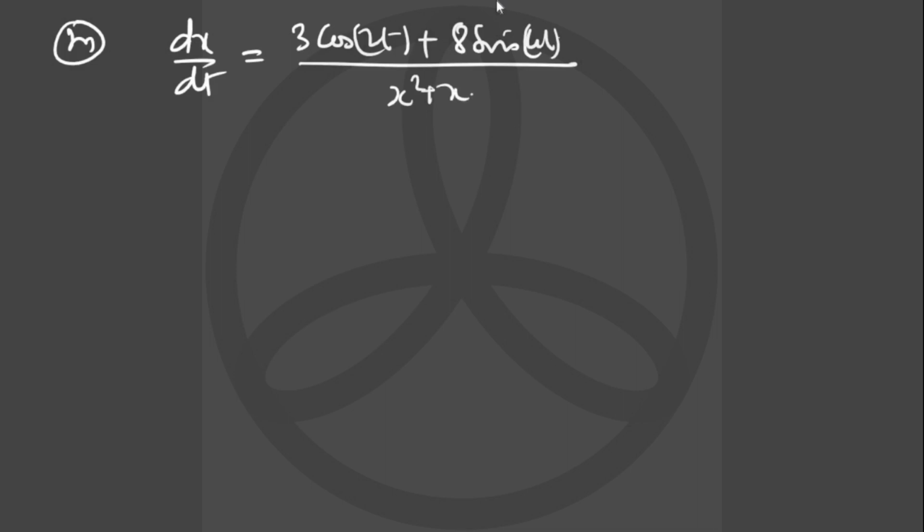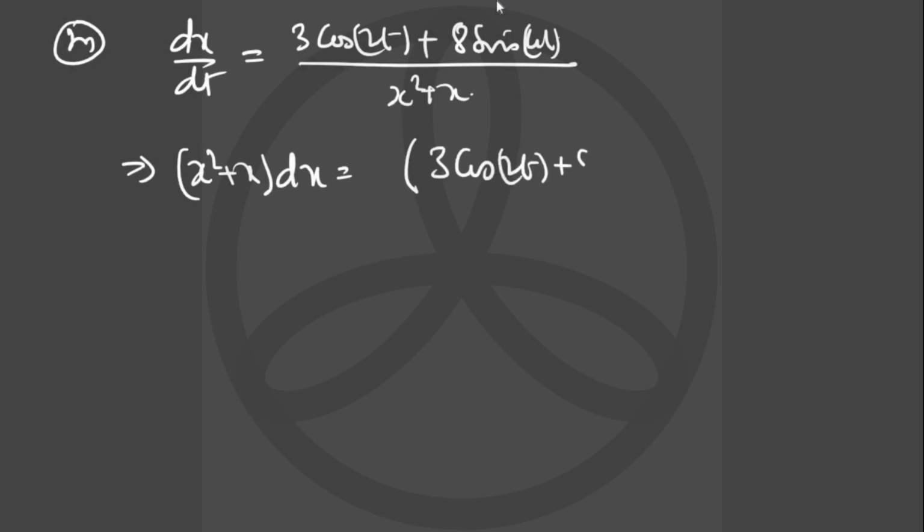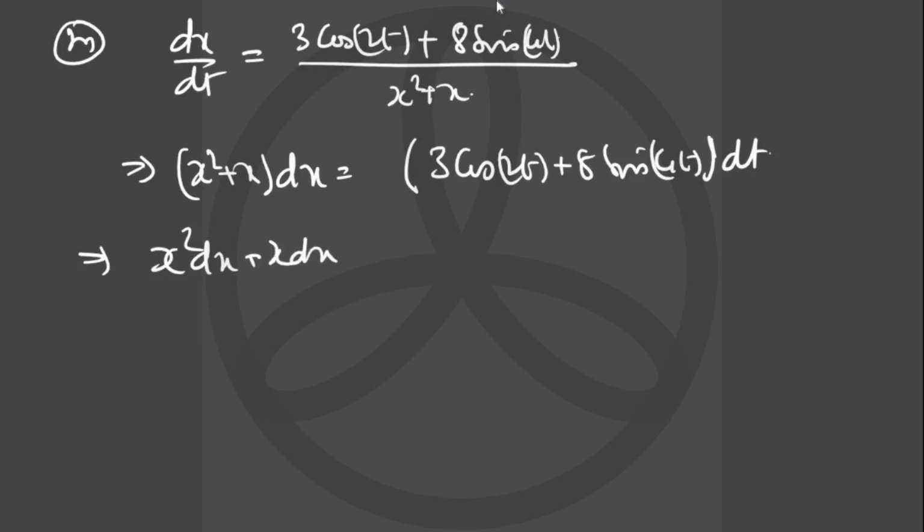Now separating the variables, we get (x squared plus x) dx is equal to (3 cos 2t plus 8 sin 4t) dt, or x square dx plus x dx is equal to 3 cos 2t dt plus 8 sin 4t dt.